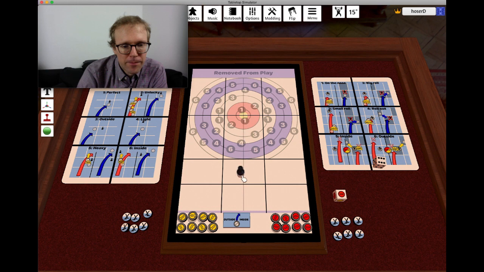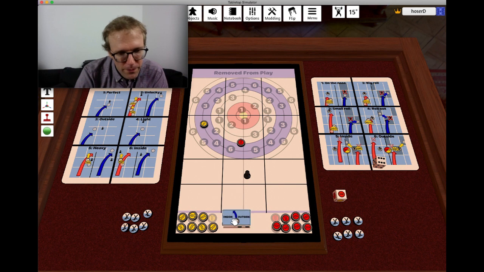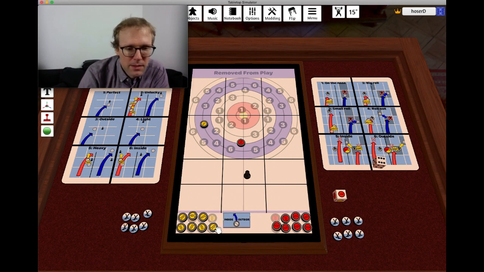What else can happen? All right, freezes. Freezes can happen as a result of a hit. So let's take a situation like this, where yellow just wants to throw a hit at this stone here.